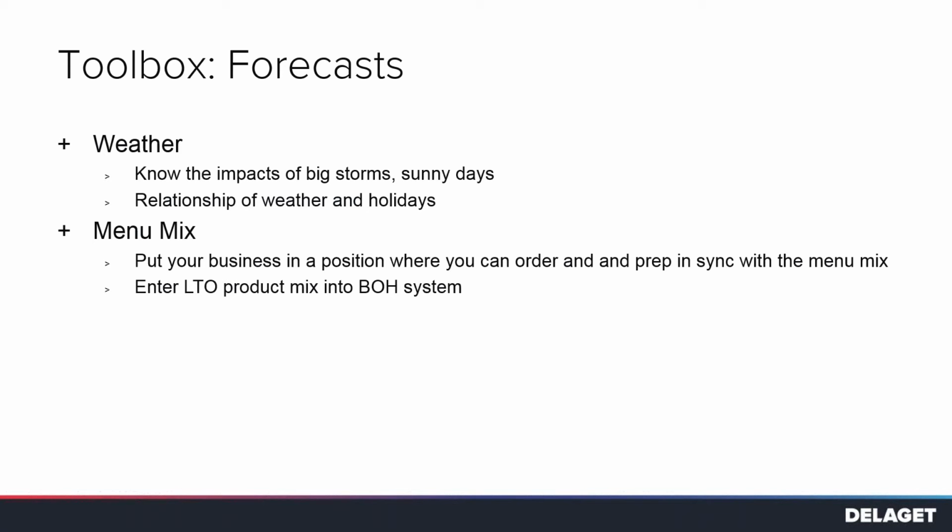And typically, when you have a new product or an LTO, your brand will provide for you sales assumptions and sales mix assumptions and allow you the opportunity to enter those into your back office system that will set your forecasting up properly for those items and those sales, which will by extension set you up for success from an ordering standpoint, from a preparation standpoint, and scheduling standpoint to make sure you can meet the sales demands as they are assumed or created by your brand.